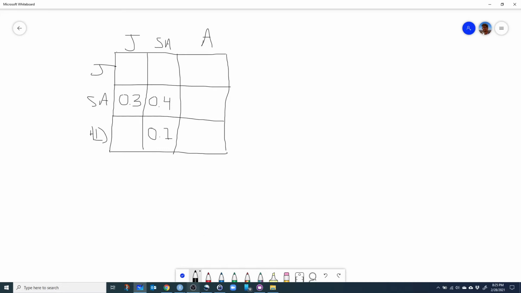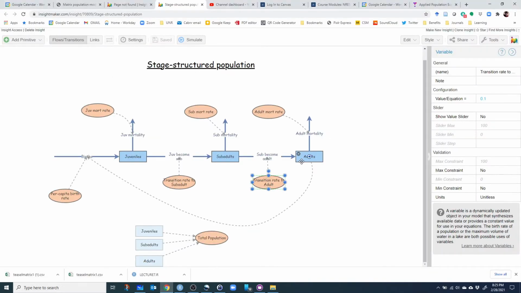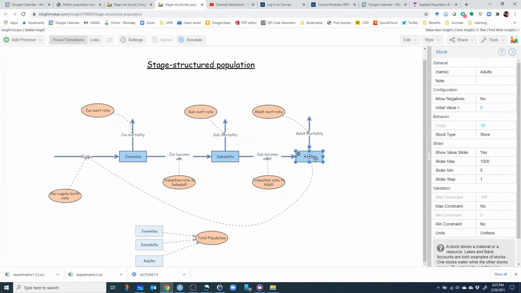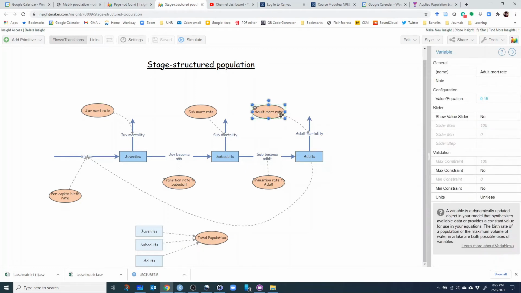Let's go to adults. If we move on to adults, we see that you can't grow beyond the adult stage. So the only thing adults can do is either die or survive. So this one should be relatively easy. There's a 15% chance of dying, which translates obviously to an 85% chance of surviving.